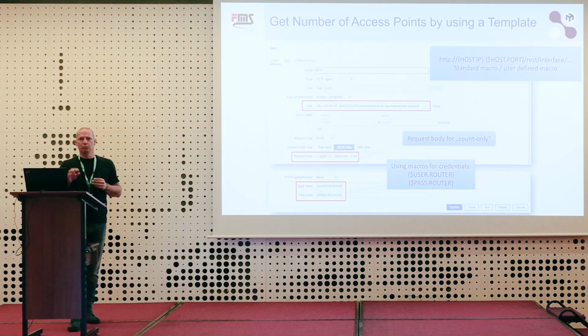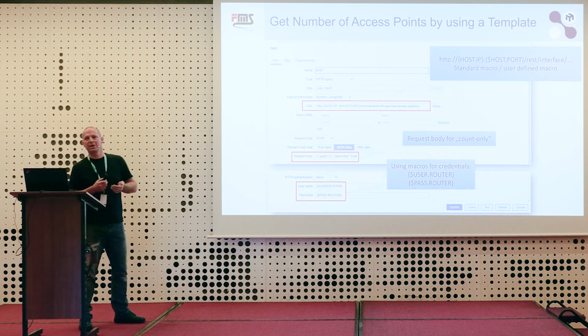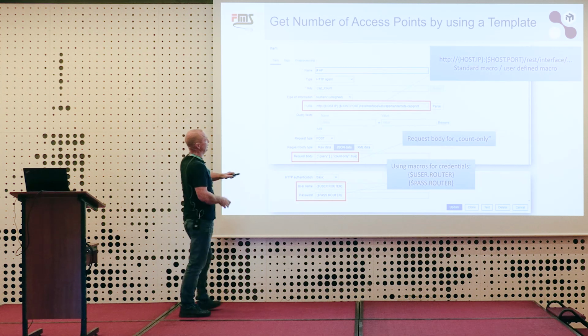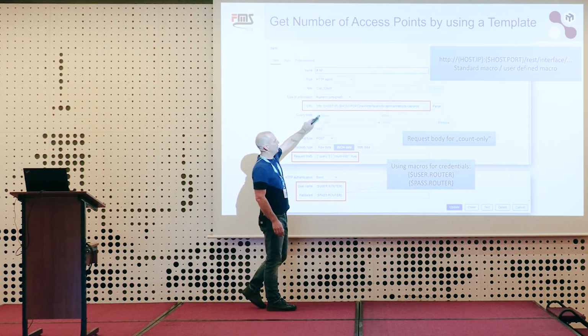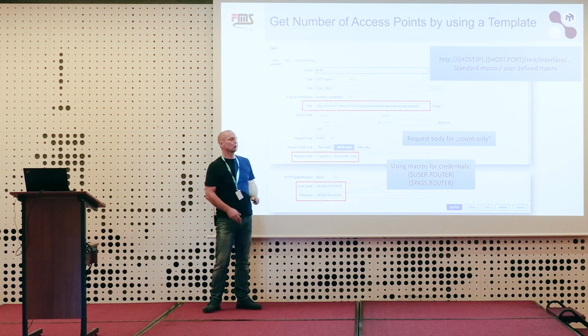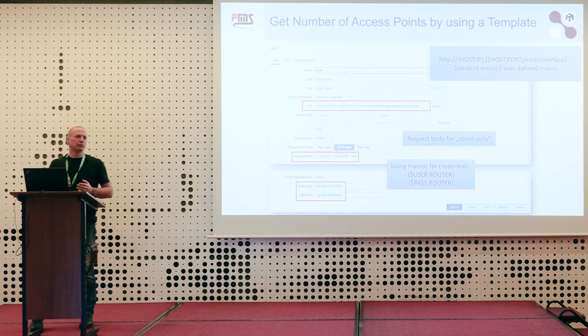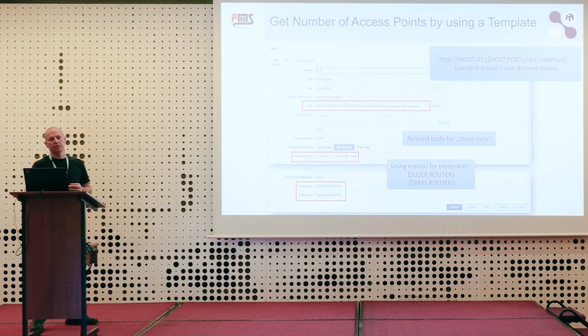And if you want to do this, there are 2, let's say, new things that we have to look at. At first, we have to see how to implement a count-only on the REST API. And this is basically here the URL with a print at the end. And over here, you can see the request body you need to implement the count-only on the RouterOS API call.